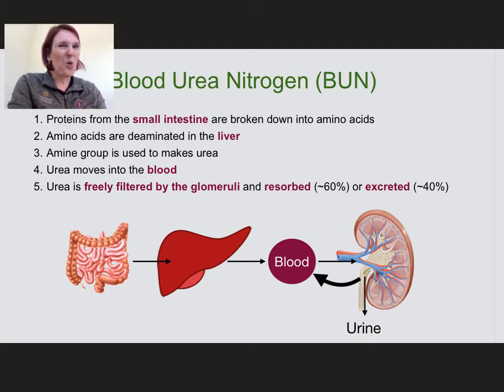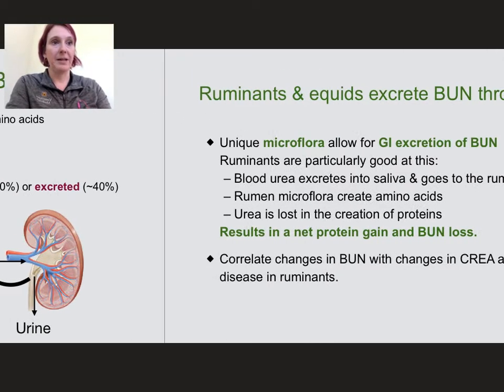So it's an okay marker of GFR, but there's a lot involved in it. We need to know how much protein an animal is making, how that liver is functioning, what the flow rate is through the kidney itself, in terms of how much is being resorbed or allowed to be resorbed, and it's multifactorial. In our large animals, it gets even more complicated.